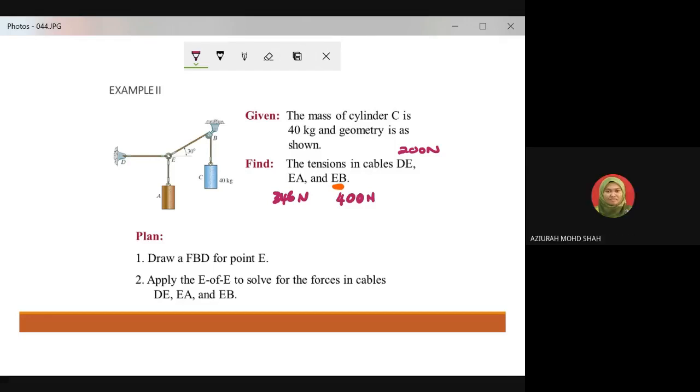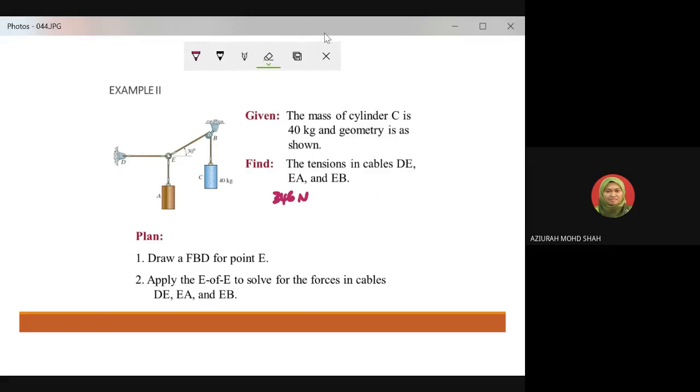Dapat jawapan sama lah. Okay. So saya akan tunjuk triangle dulu, sebab yang fx, fy tu dia dah tunjuk dah dalam slide ni.